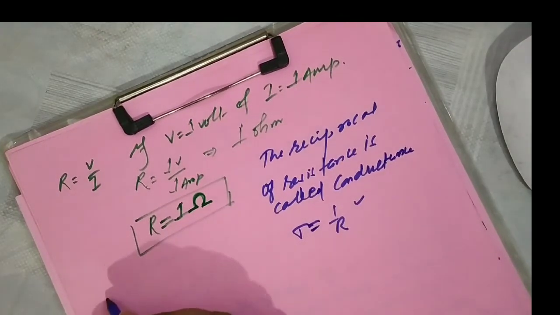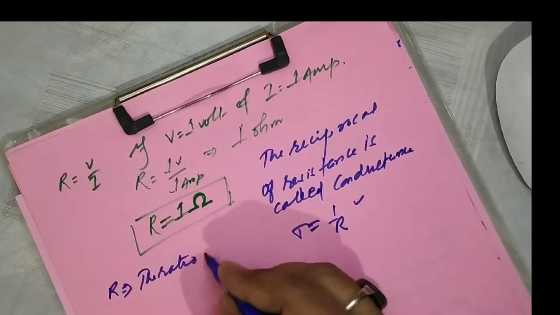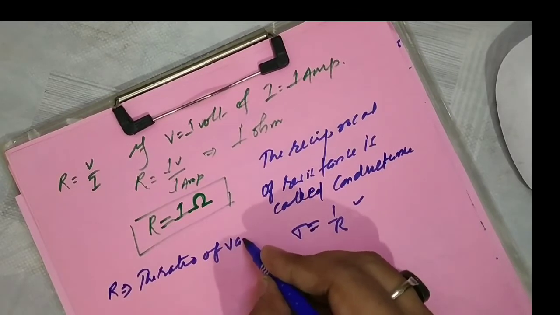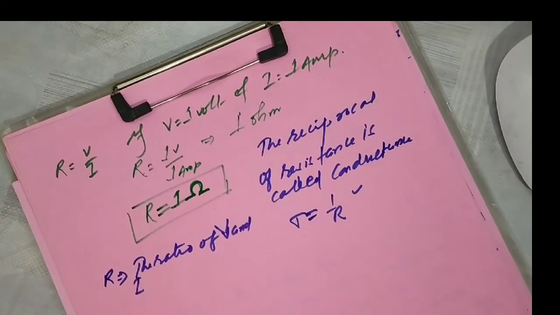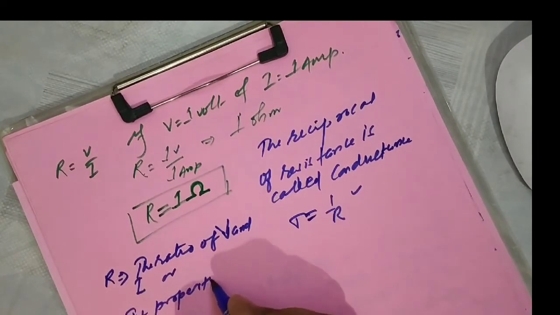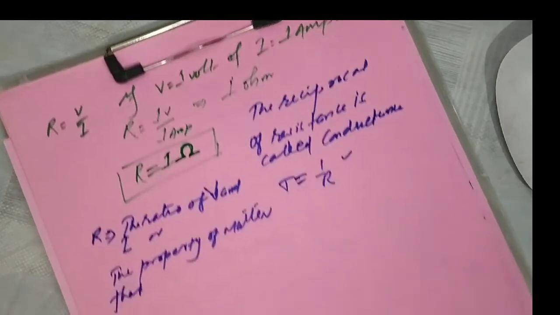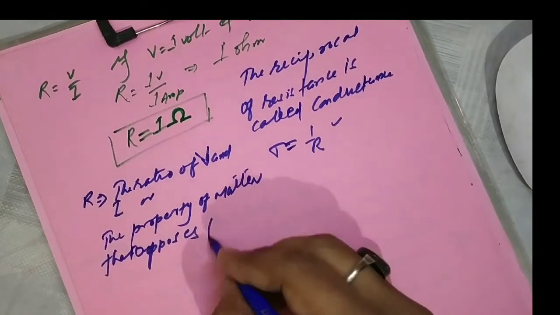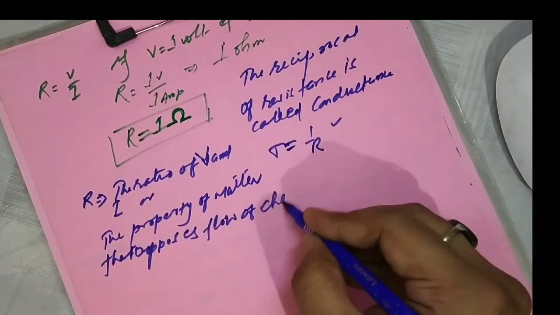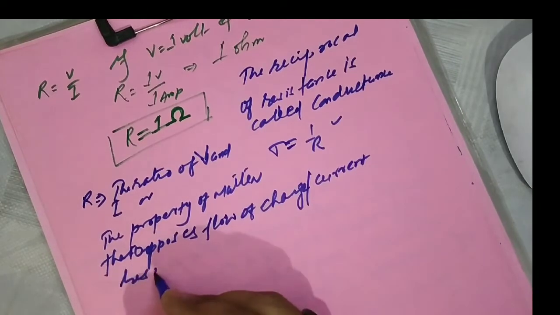So in mathematical definition, R can be defined as the ratio of V and I, or the property of matter that opposes the flow of charge or current is called resistance.